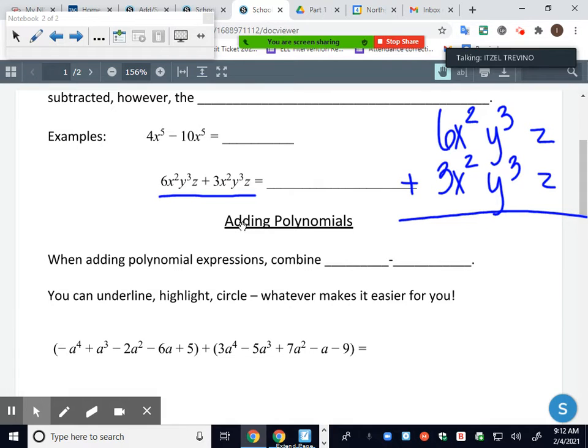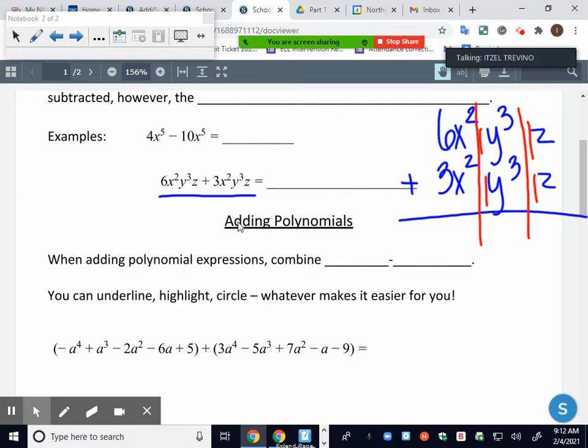Okay, so all of these are like terms. I have x's squared, I have y's that are cubed, and I have z's by themselves. Right? So all I need to do is add my coefficients together. If I don't have any number in front of a letter, that just means 1.